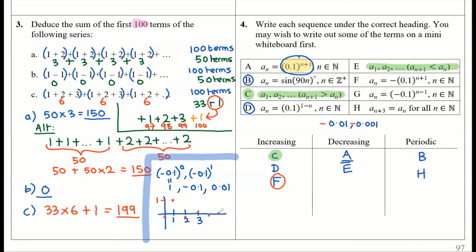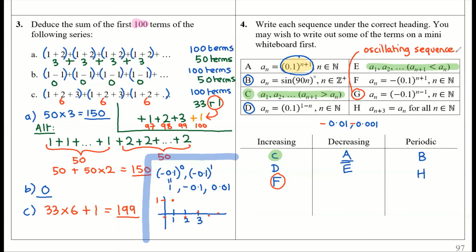So it's actually oscillating. So this actually doesn't fit in any of these. You can't say it's periodic because it's changing size. There's no repeating values, okay, but they are oscillating between negative 1 and 1. So G is what I would term an oscillating sequence.